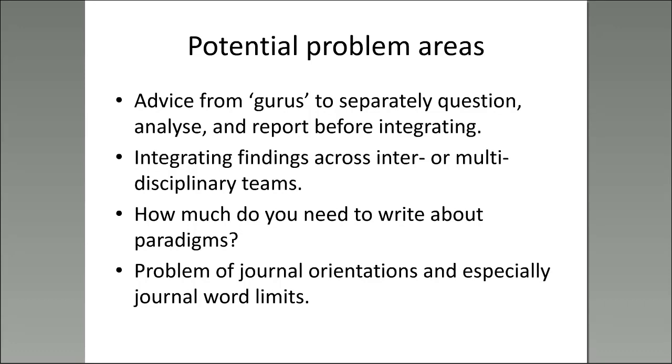What will be a problem is the problem of journal orientations, and particularly journal word limits. You'll need to be aware, as for any article, as I said, quite a lot of what I say applies to any kind of writing you do. The problem of journal orientations is one of getting to understand what the journals are.